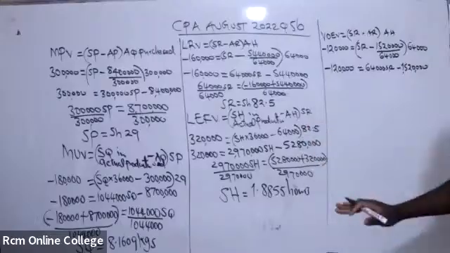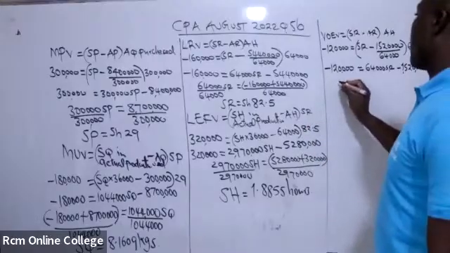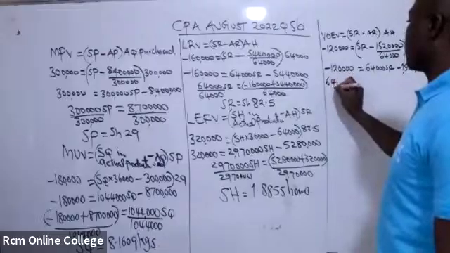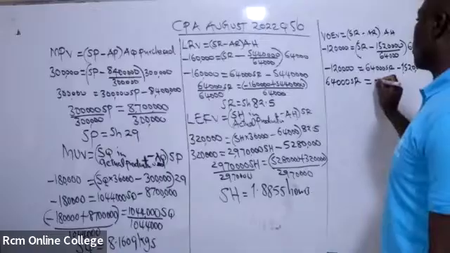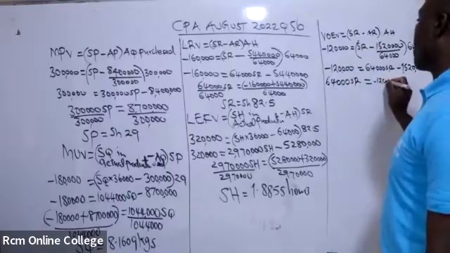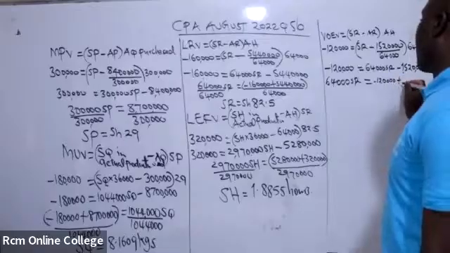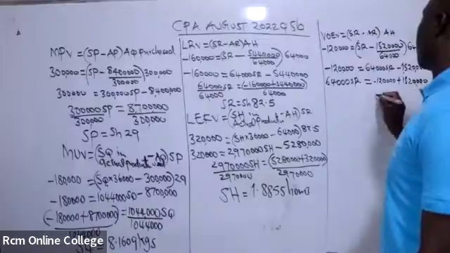If it crosses the equal sign, it becomes a plus. So 64,000 standard rate is equal to negative 120,000 plus 1520,000, all right?